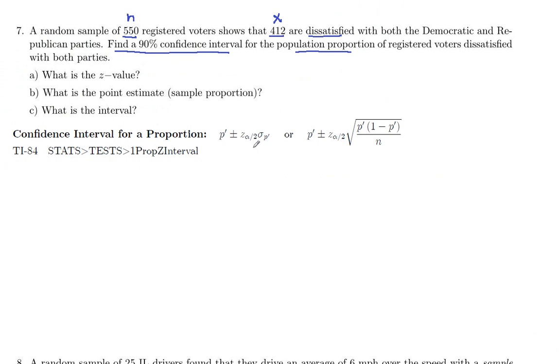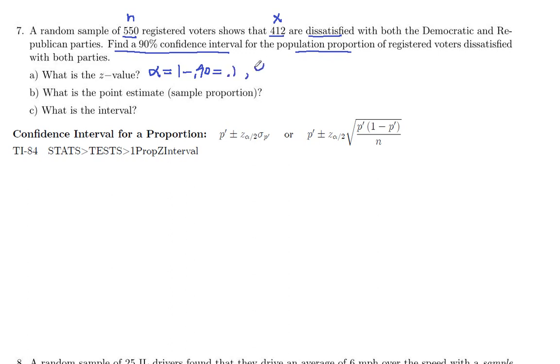Okay, so the z value here for part A, that's z alpha over 2. Our alpha here, this is a 90% confidence interval, so that means alpha is 1 minus 0.90, which is 0.1.